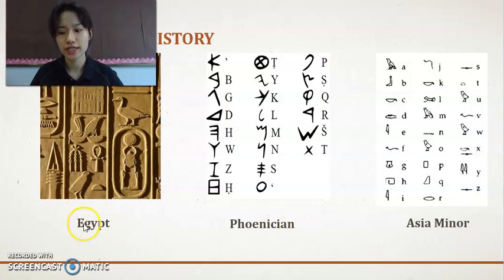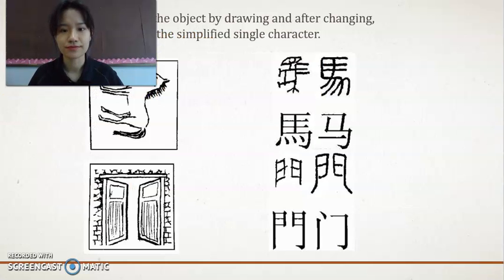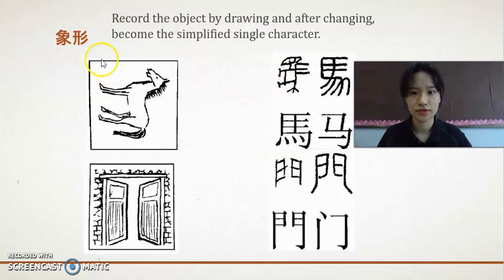The same with Chinese. This way, we call it pictogram, 象形. 象形 records the object by drawing, and after changing, it becomes a simplified single character.